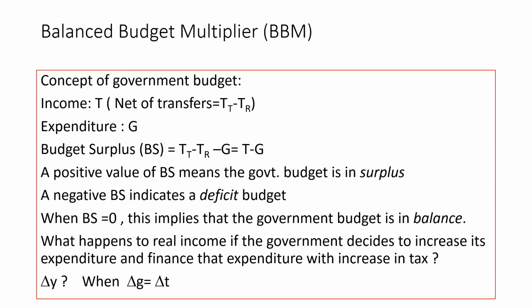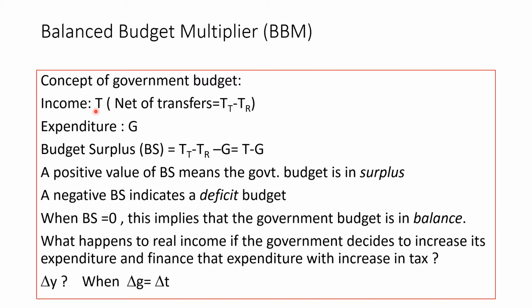So before going into the question of balanced budget multiplier, let's explain what is government budget. We have already discussed the role of government, or when we introduced government into this simple Keynesian model, I told you that whenever you introduce government into a model, you have an income side which is government's income.